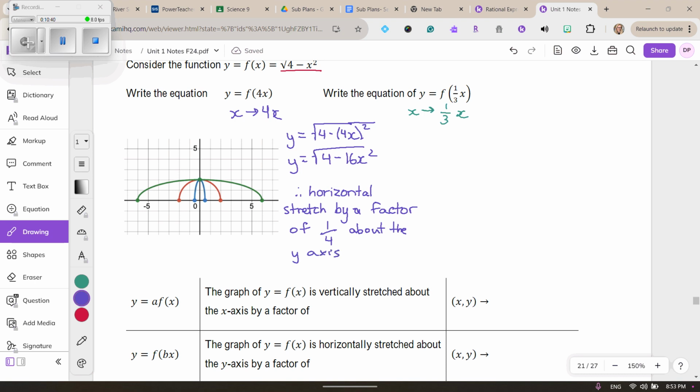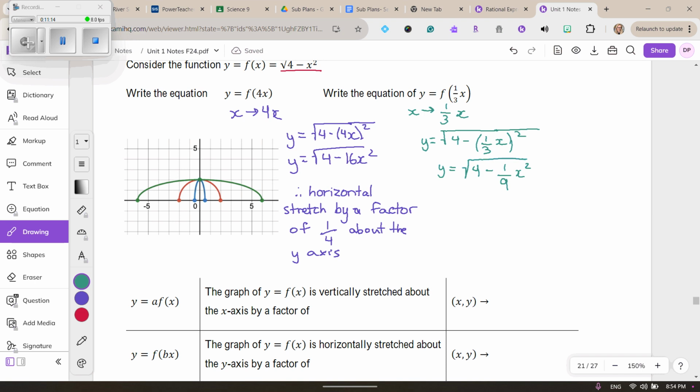Okay, let's create our green equation. I have x mapping to 1 over 3x, so when I place that into my equation, I will have y equals the square root of 4 minus (1 over 3 x) squared. Y equals the square root of 4 minus 1 over 9 x squared.